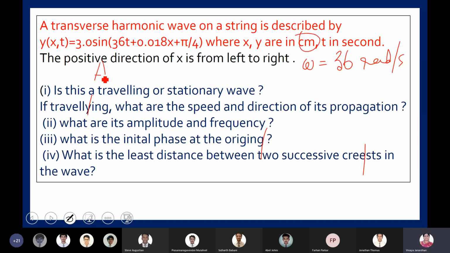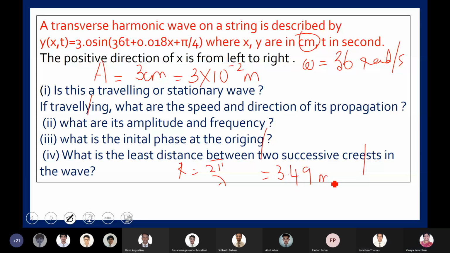So when you're putting your amplitude, even if it is 3 centimeters, you have to convert it. Then k is equal to 2 pi by lambda. Ma'am, can you tell the value of wavelength again? Wavelength is 3.49 meters. All right, ma'am. One second. Your velocity v is equal to 20 meters per second.